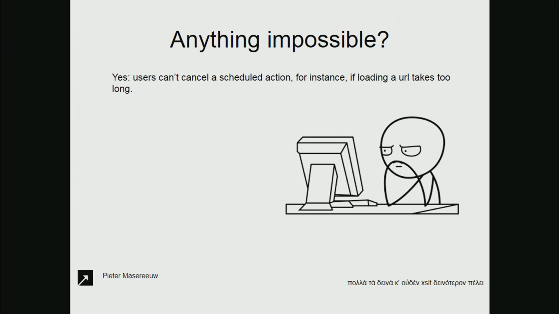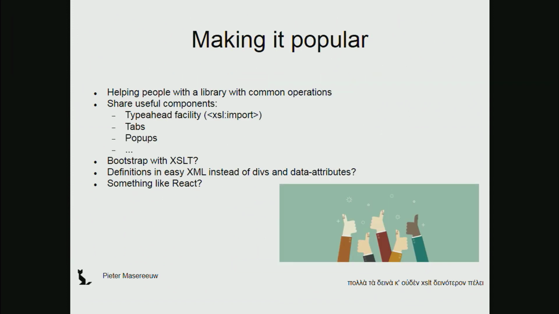There is one that my customer is not satisfied with, and that is that if you schedule an action, you load a document from the network, it takes long, the user wants to cancel it, and there is no facility in the API to cancel your scheduled action. So that is a pity that I'm still concerned with.